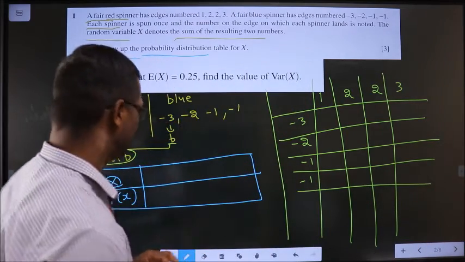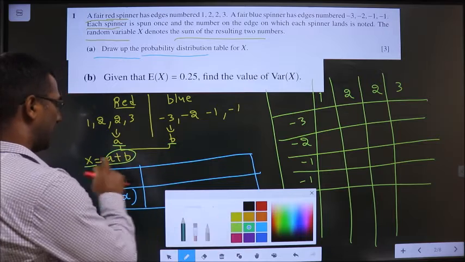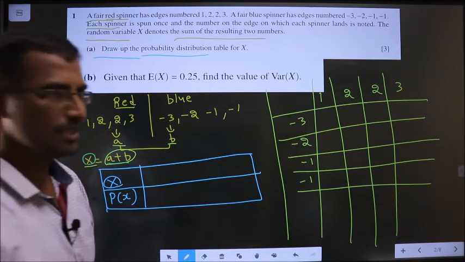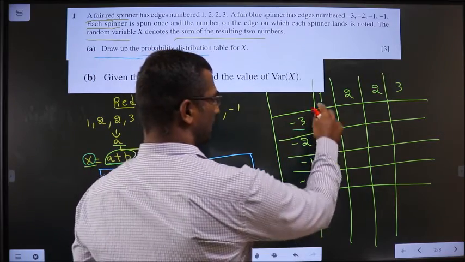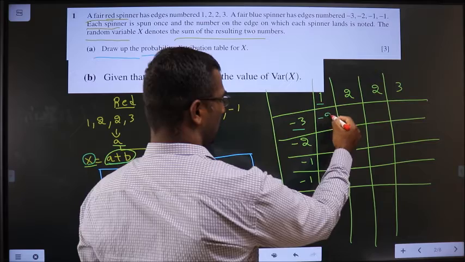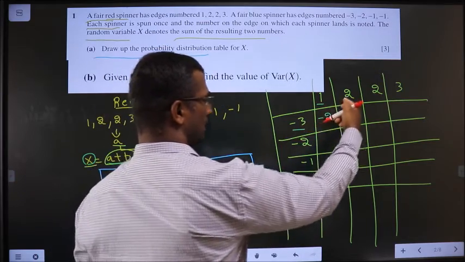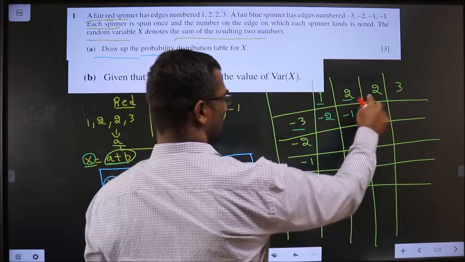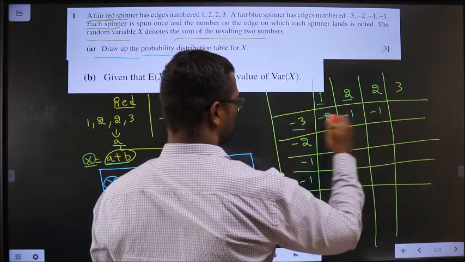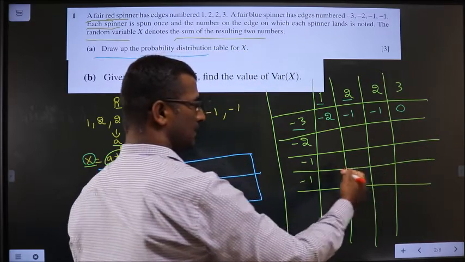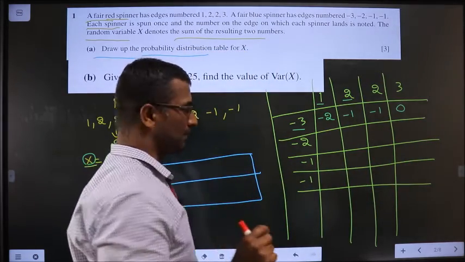Now x is nothing but the sum, so I will add these two numbers right here. -3 plus 1 is -2. Now add these two. -3 plus 2 is -1. -3 plus 2 is -1. -3 plus 3 is 0. Clear? Same way complete the table.